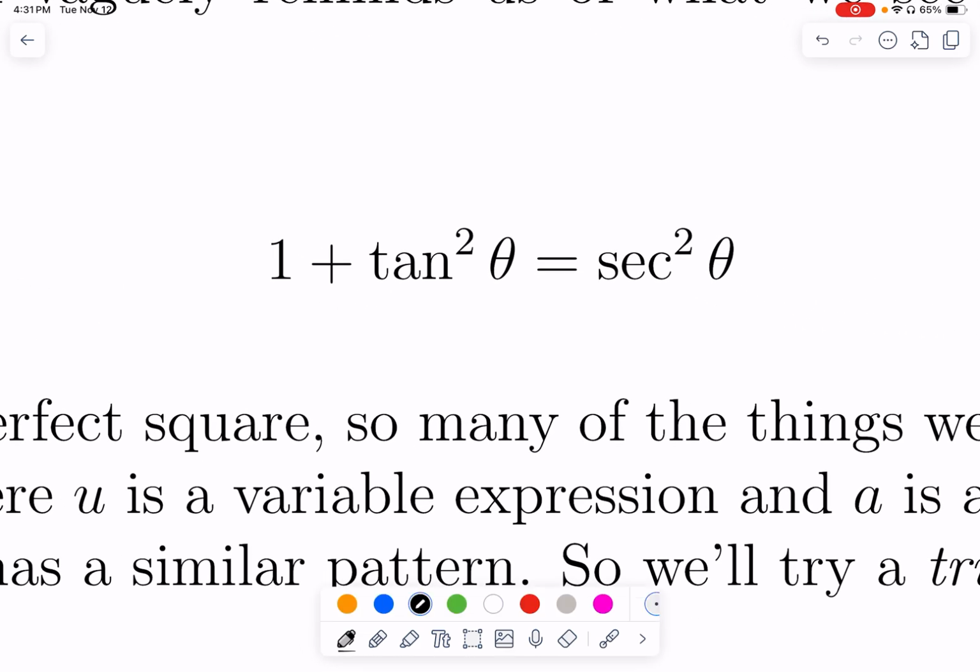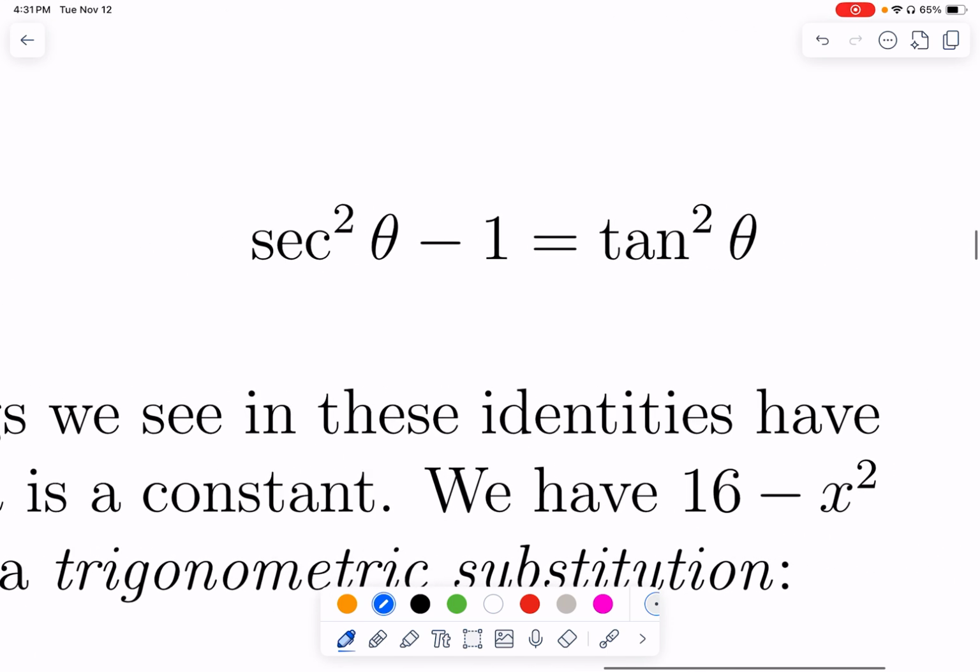Here, again, let's think of this as 1 squared. Here we have number squared plus variable expression squared. That's something we see in a trig identity. And then here's the same one, but backwards. Here the pattern is variable expression squared minus number squared. All of those can simplify if applied to certain trig functions.